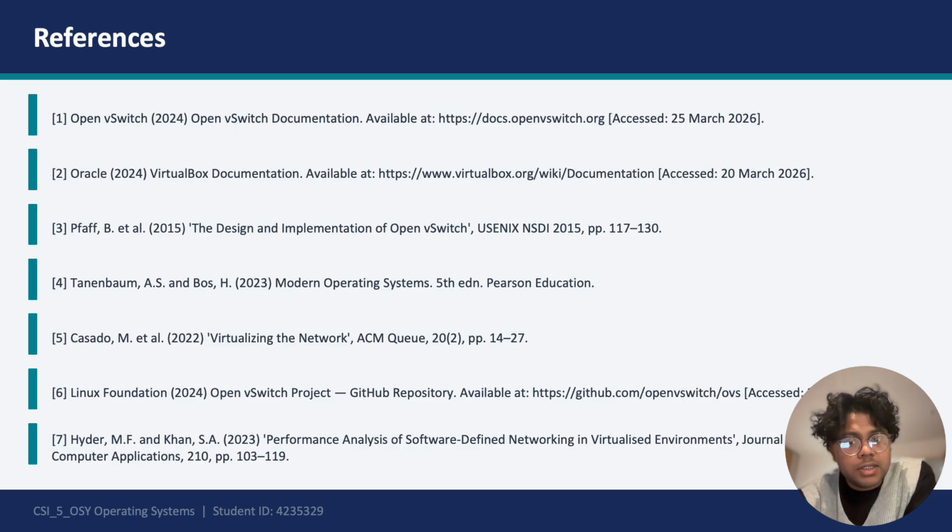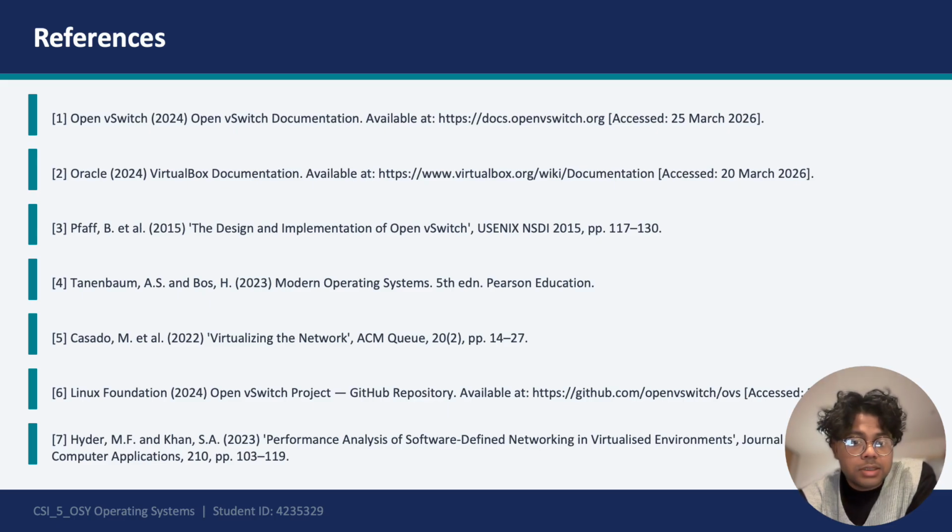Here are the references cited in this report and presentation, listed in Harvard format. The two mandatory sources from the brief are the official Open vSwitch documentation and the VirtualBox documentation.